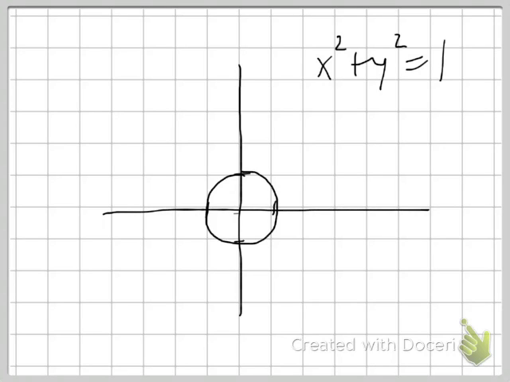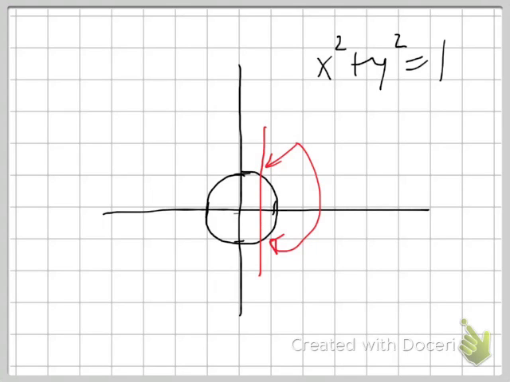All right, is this a function? Well, you can see that if I draw a vertical line, I'm intersecting my graph more than once. In fact, in 2 places.